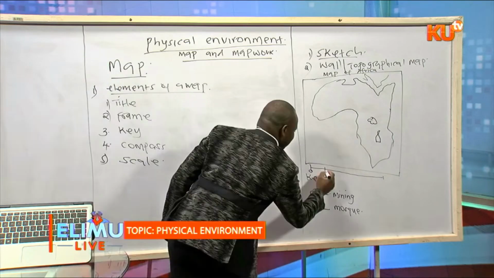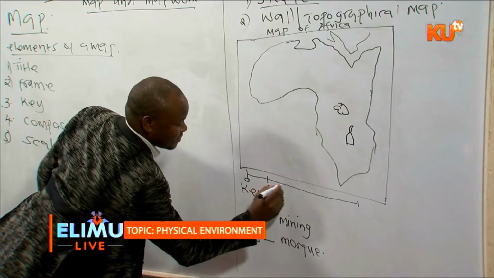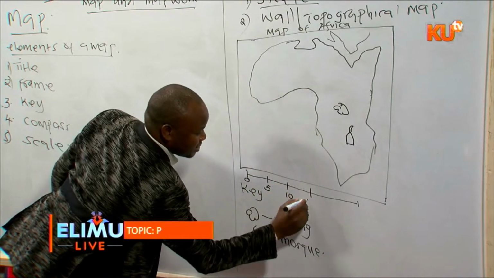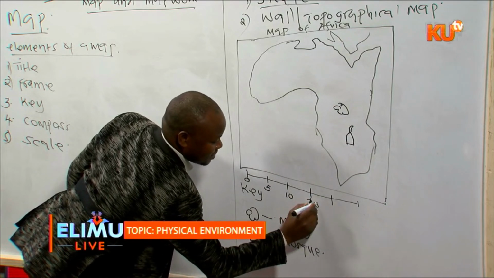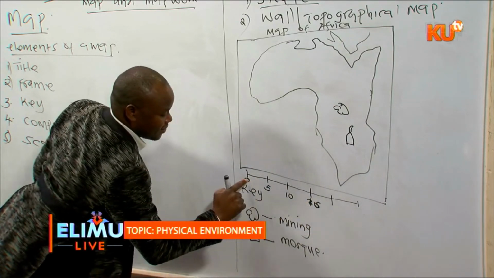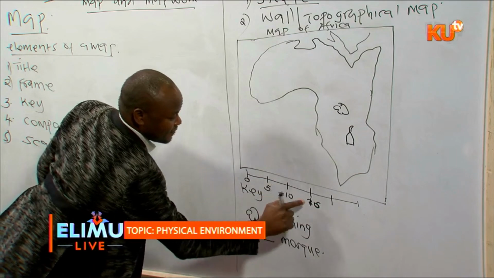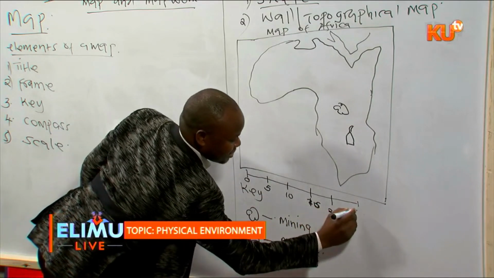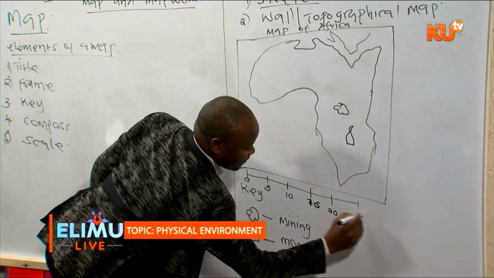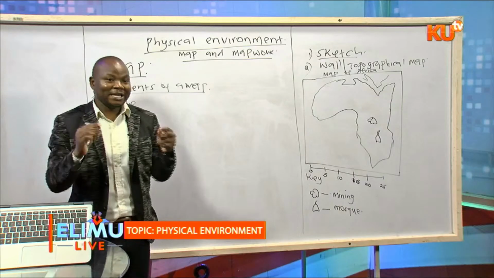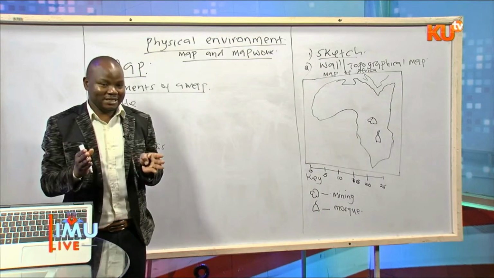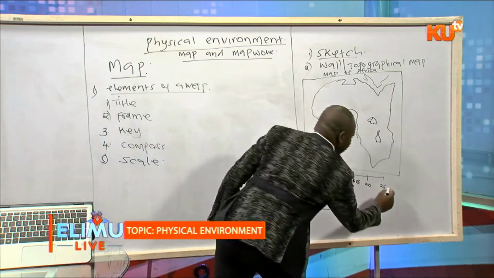So let us assume that our scale is 0, 5, 10, 15, 20, then 25, a difference of 5. Remember, the scale should be in kilometers. That is our scale, now in kilometers.